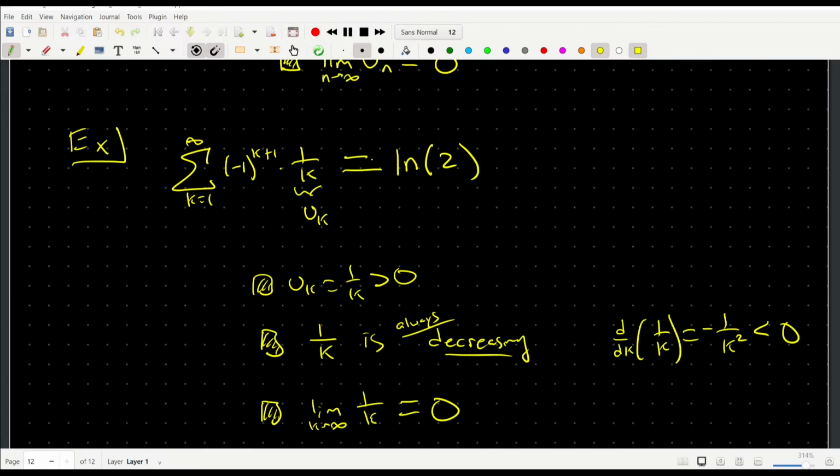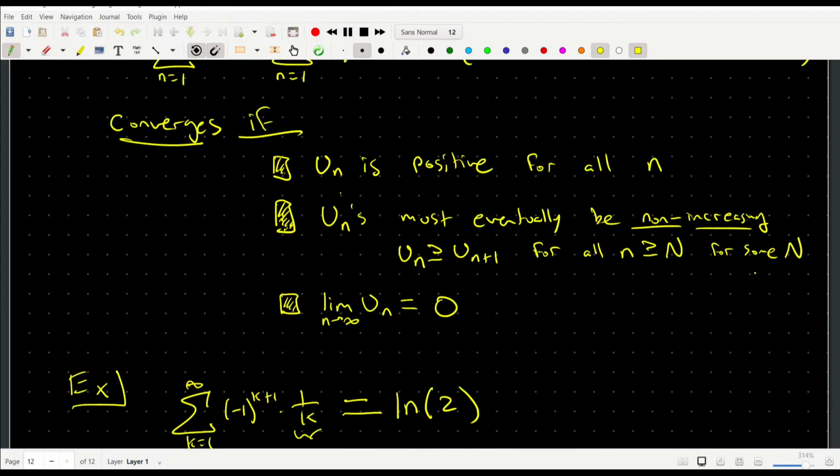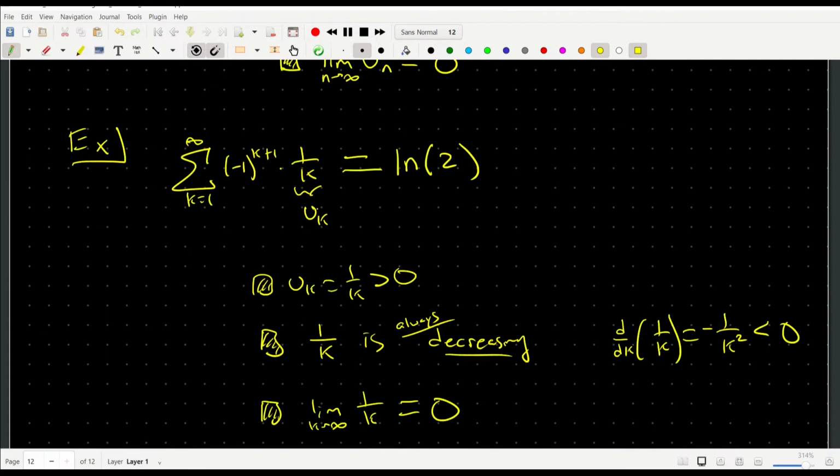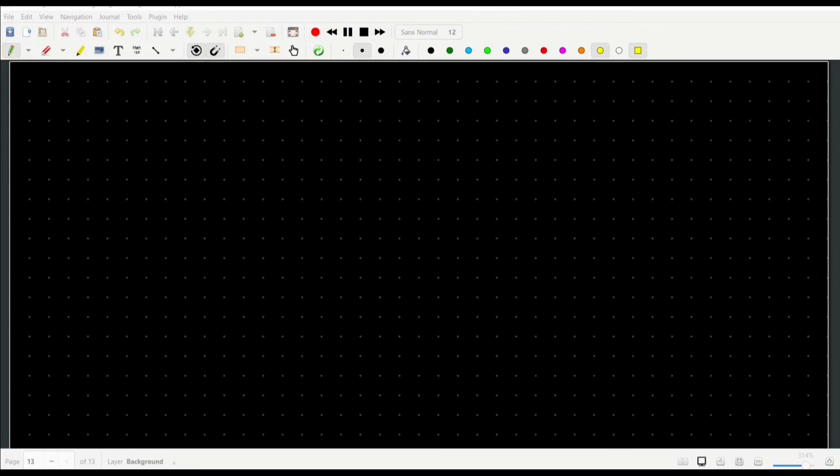And this brings me to a very important point that I want to make here for conditionally convergent series. Specifically, this is an example of what's called the rearrangement theorem for conditionally convergent series. And we really have two versions of this theorem.